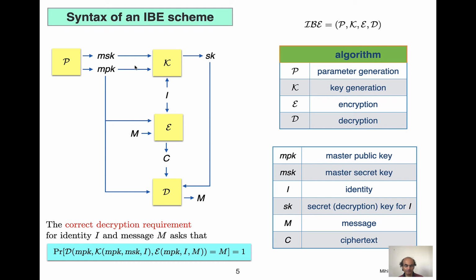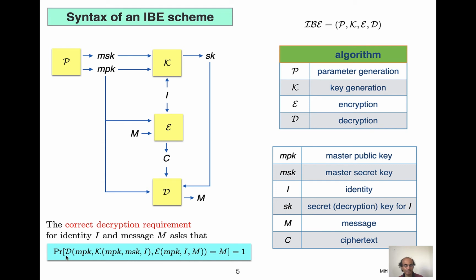here. Of course, there's a correct decryption requirement, which says that messages encrypted by this algorithm and decrypted under the key corresponding to the identity used here will decrypt correctly. So in a little more detail, let's say that I generate the master public and secret keys, run encryption with the master public key for some identity and message to get a ciphertext.